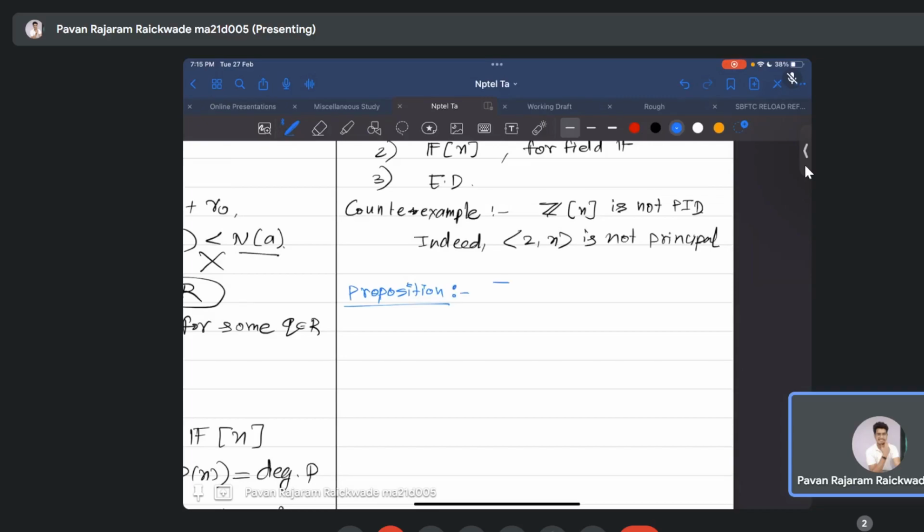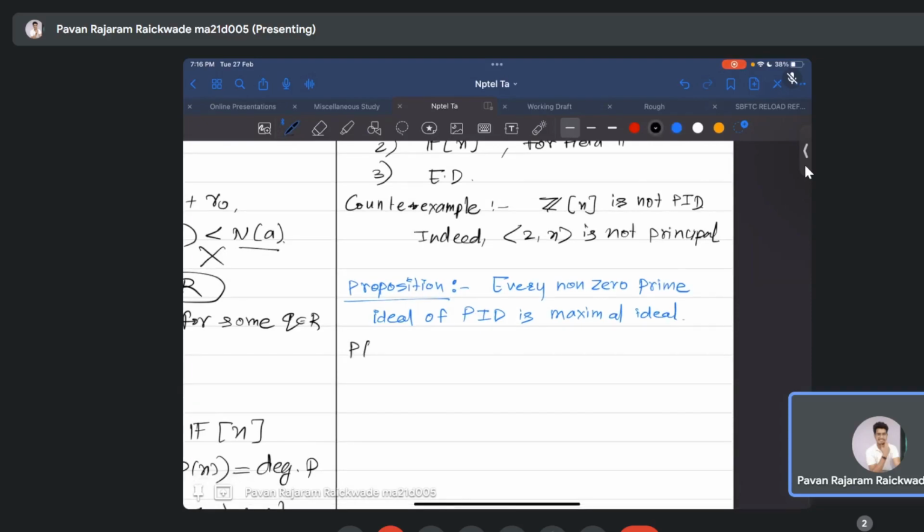Proposition: every non-zero prime ideal of a PID is maximal. Okay, so let's see the proof.